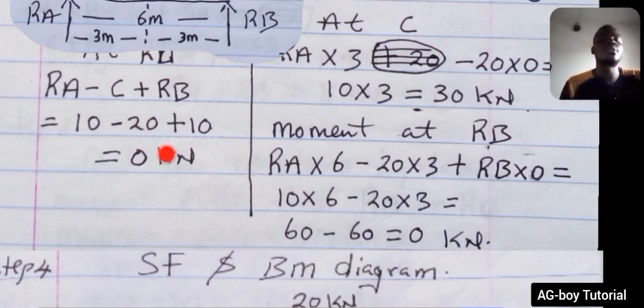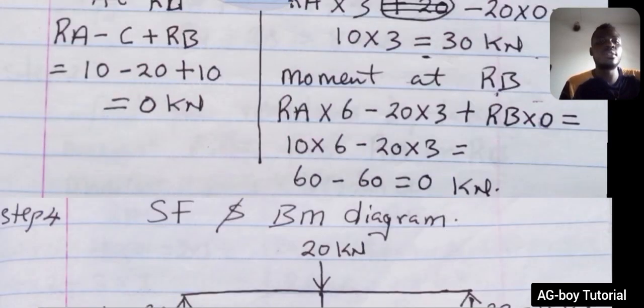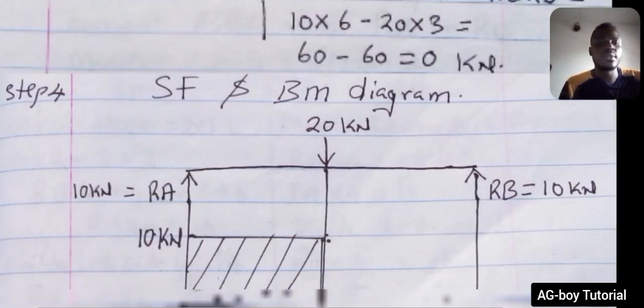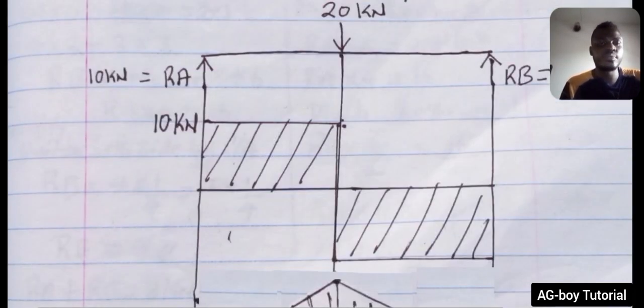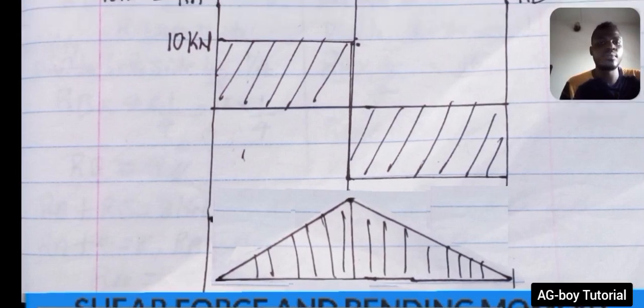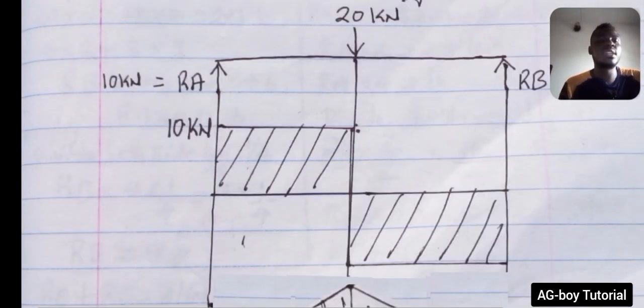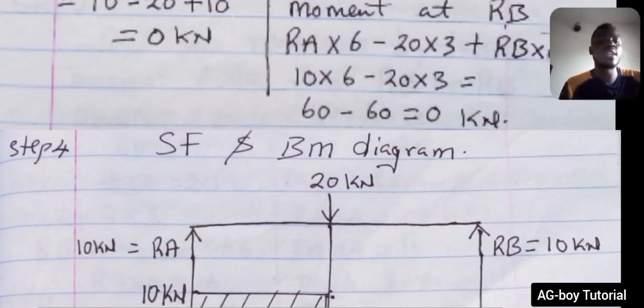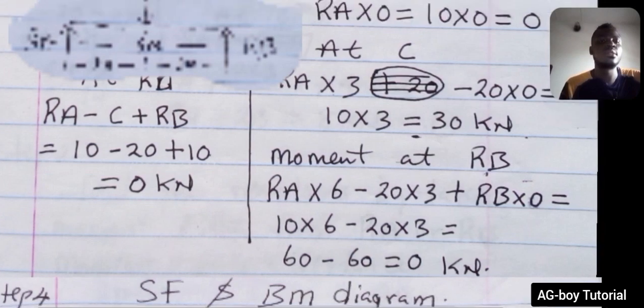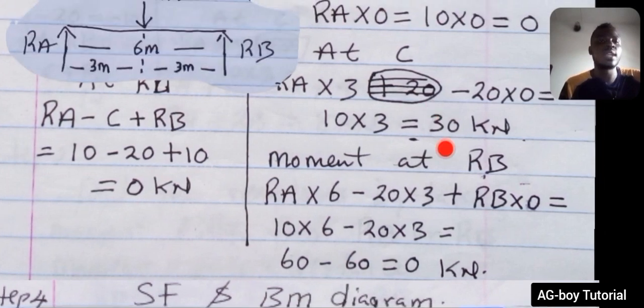So checking the bending moment diagram. At this point it was 0 kilonewton. Then when it moves to this point, 30, which is at C here, 30 kilonewton.